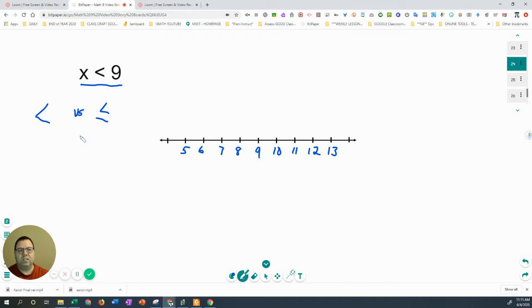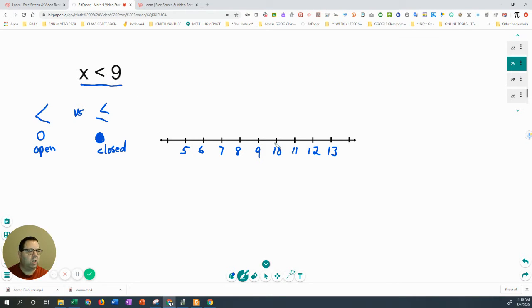Very simply put, when you have or equals to, that's when you're going to close in the dot. So this is a closed boundary point, or shaded. The textbook and your math teacher will call it closed. This is open. In other words, it does not include the number that it's attached to.